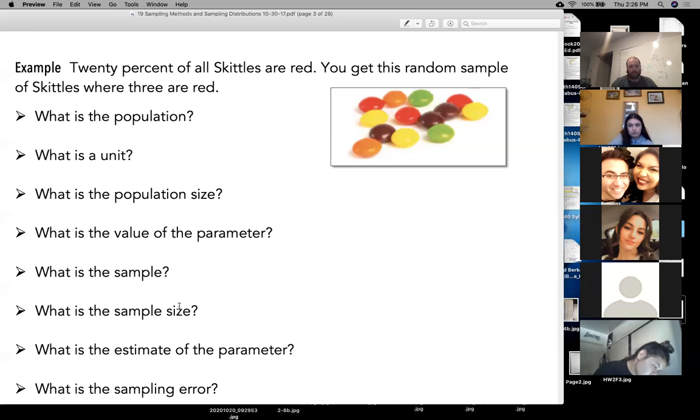Is that our estimate? Oh, sorry, 0.23. And what is the actual value? Well, they gave it to us. The very first thing they say, 20% of all Skittles are red. They're giving me the parameter, 20%. So our estimate is 23%.